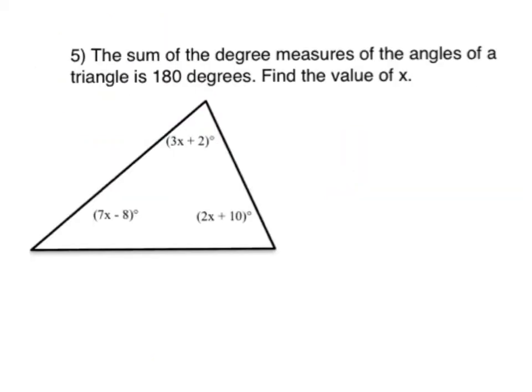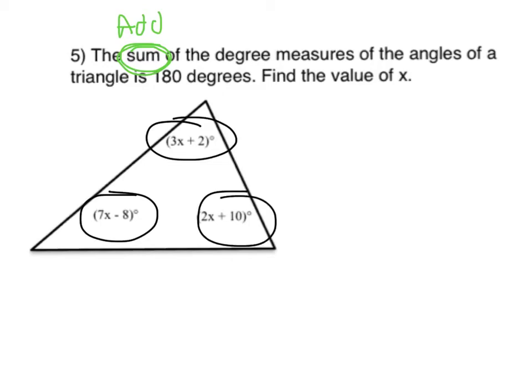Number 5. The sum of the degree measures of the angles of a triangle is 180 degrees. So what that first sentence is basically saying is that because sum, hopefully we know, means add, if we add up all of the angles of a triangle, it's going to equal, because we know the word is means equals, 180 degrees.